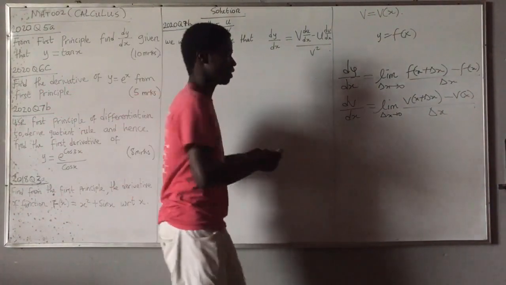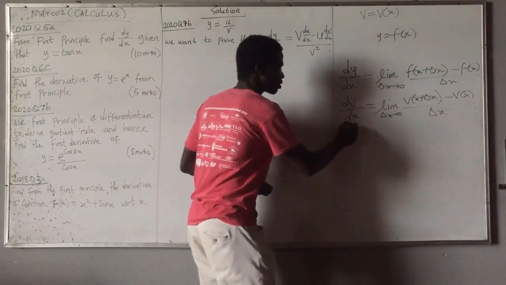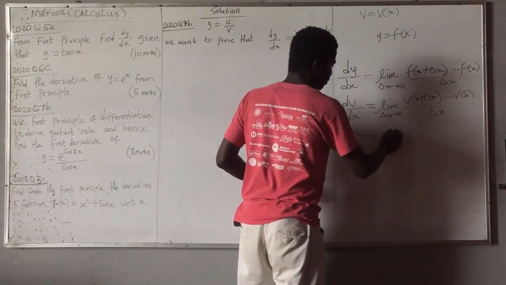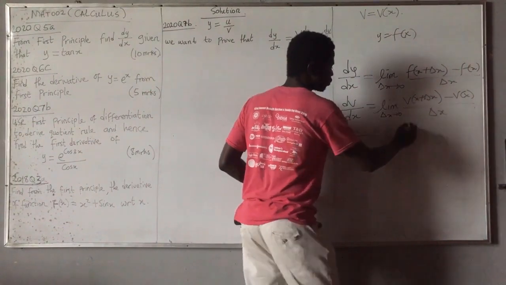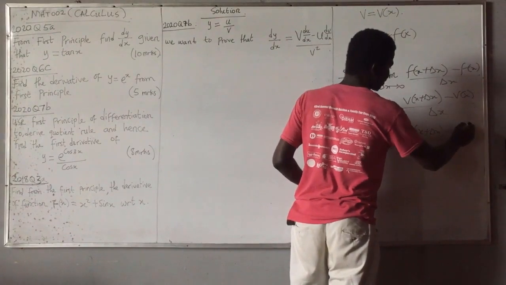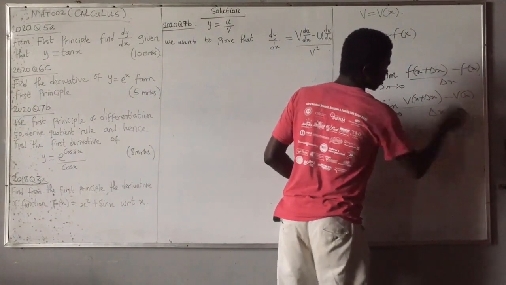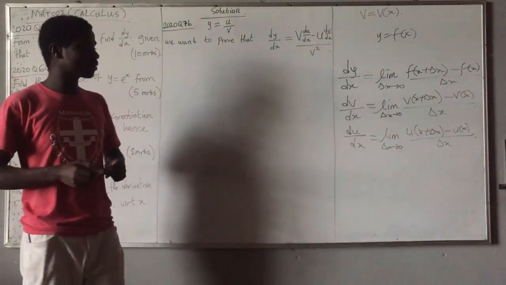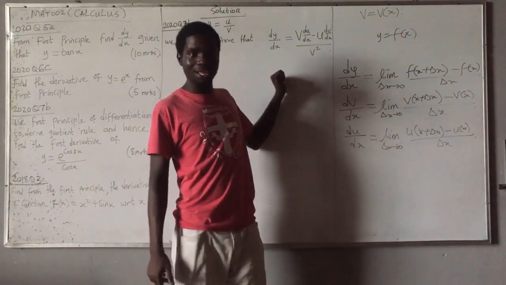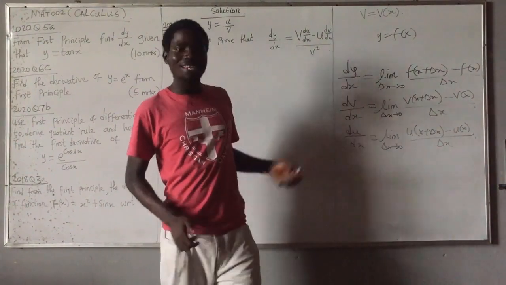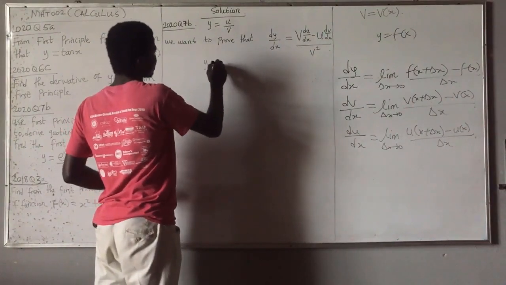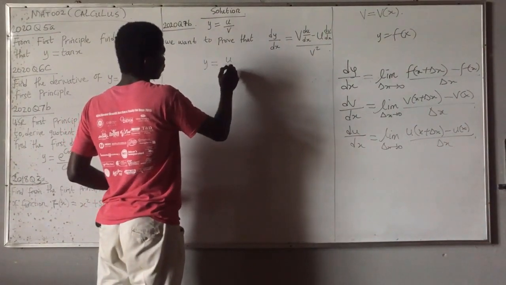Similarly, du/dx is the limit as delta x goes to 0 of u of x plus delta x minus u of x all over delta x. All these three things are going to be very useful in this derivation. So now let's get started. I have y is equal to u over v.